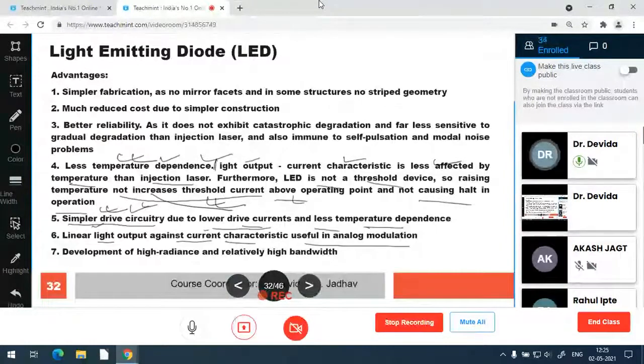We'll keep one current value above threshold for the zero symbol, and one more current value above threshold for the one value. Suppose the threshold is 50 milliampere, we'll keep 60 milliampere for 0 and 80 milliampere for 1, or the opposite: 100 milliampere for 1 and 75 milliampere for 0, or 100 milliampere for 0 and 75 milliampere for 1.